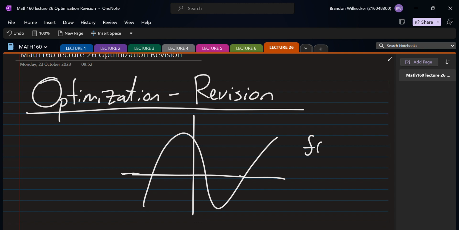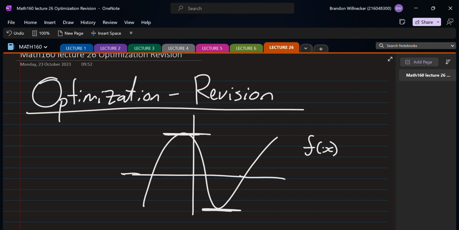So let's say we have some function f of x, and we would like to find the local minimum or local maximum, or the global minimum or global maximum, depending on what's asked. Sometimes we want to find the minimum, so we're looking for this point over here, where that is a turning point at the bottom, or we're looking for a maximum where we've got the turning point at the top.